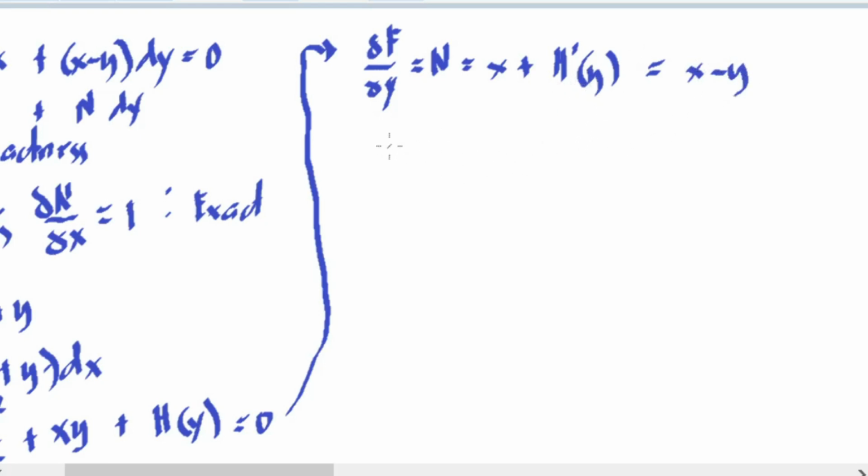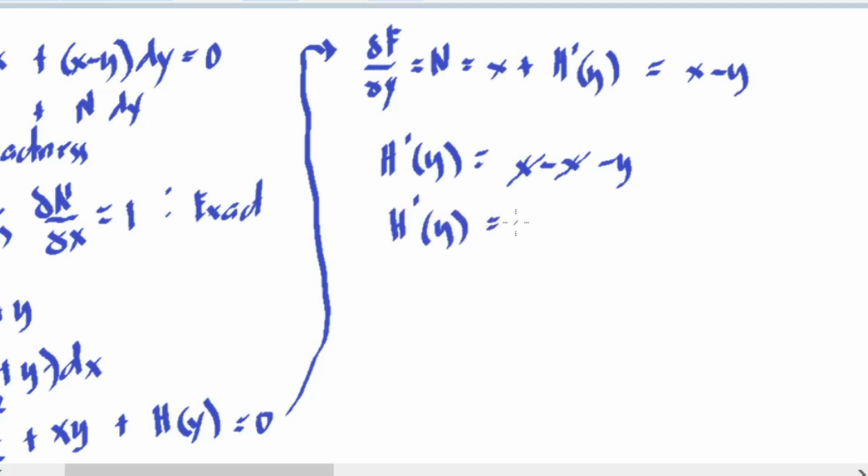If we take a look, we put this on the other side: h prime of y is equal to x minus y minus x, so x and x cancel out. Therefore our h prime of y is equal to negative y.